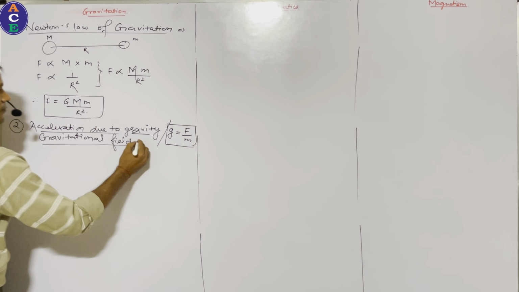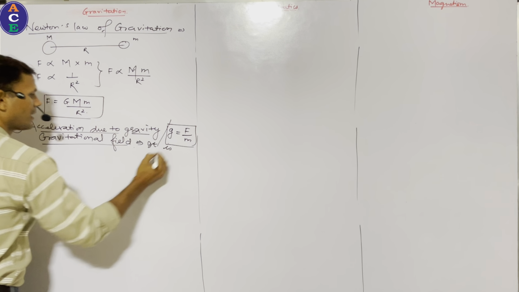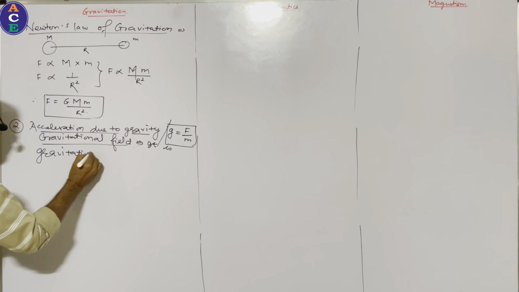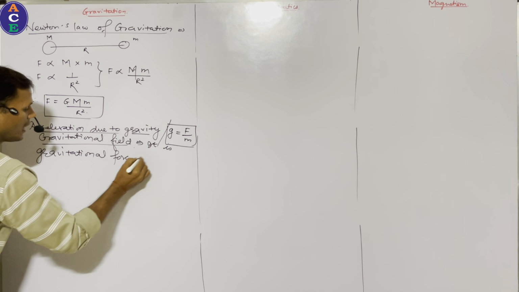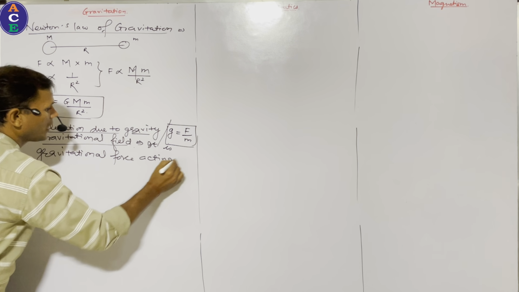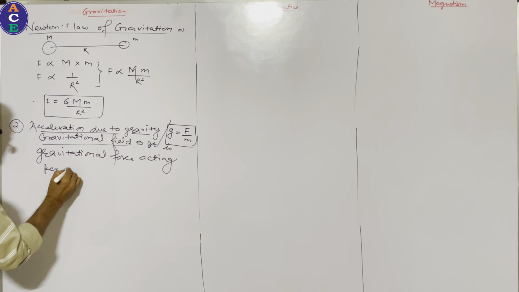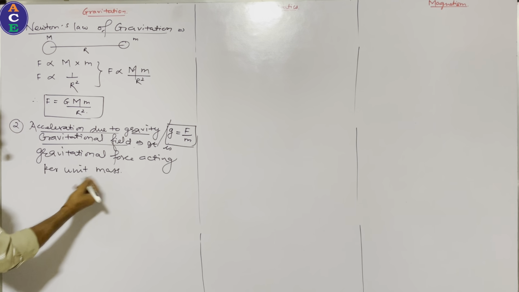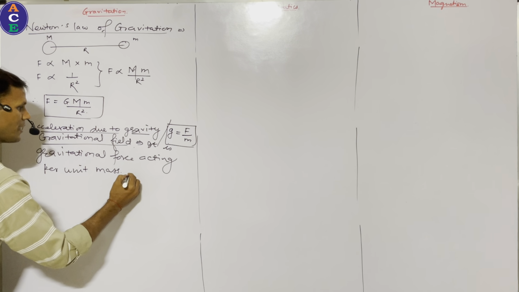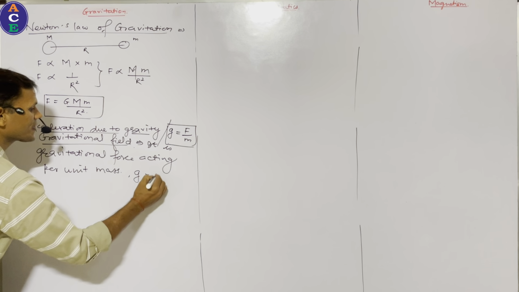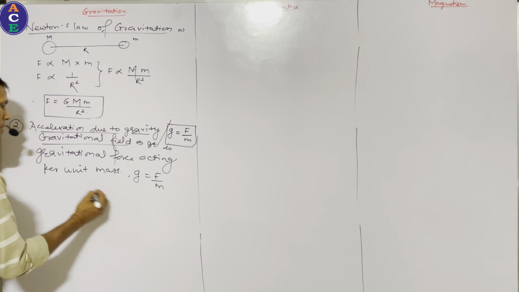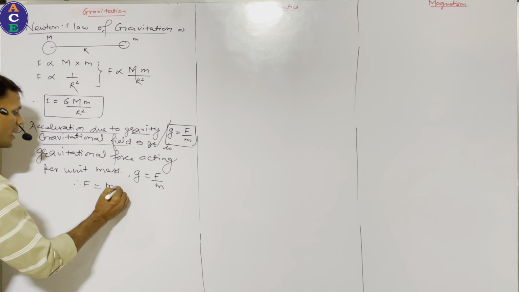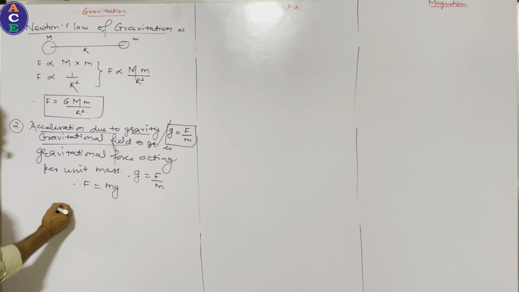So it is gravitational force acting per unit mass, so it becomes g is equal to F by m. So from here we can write F is equal to mg, as we did the cross multiplication.